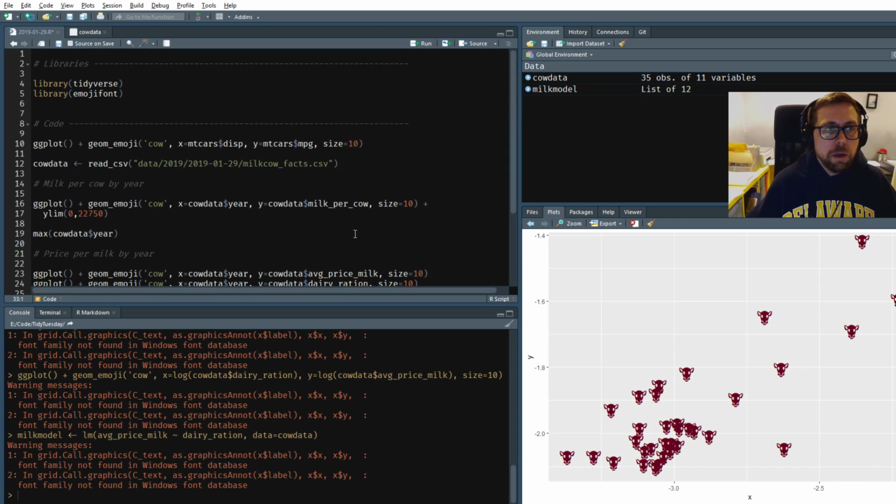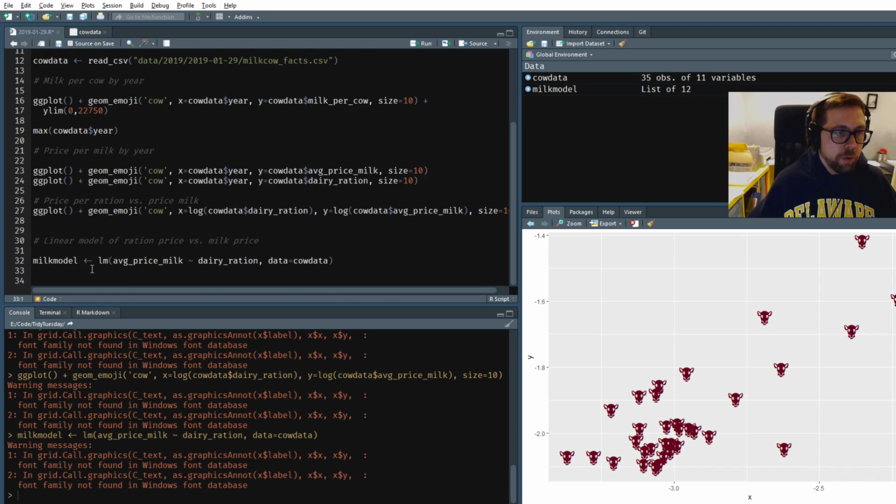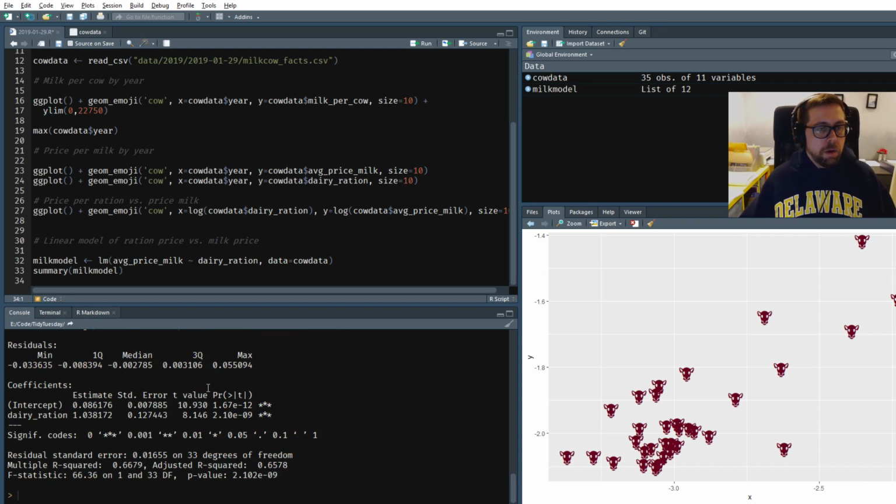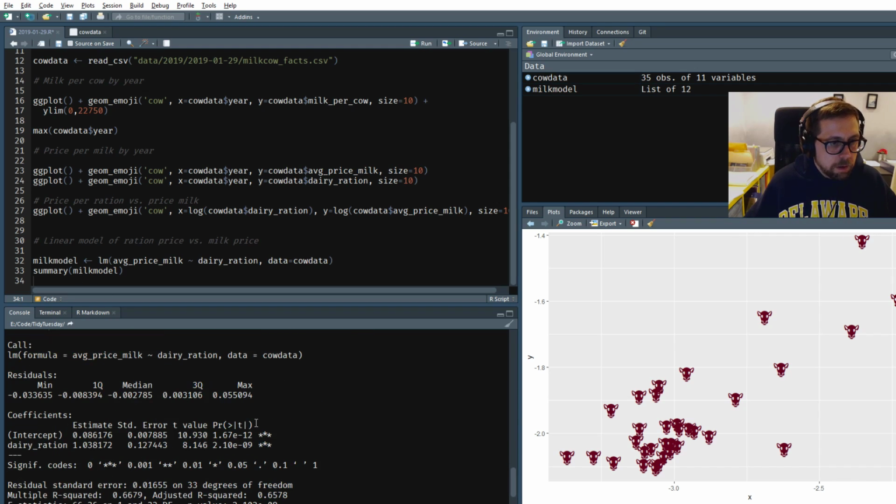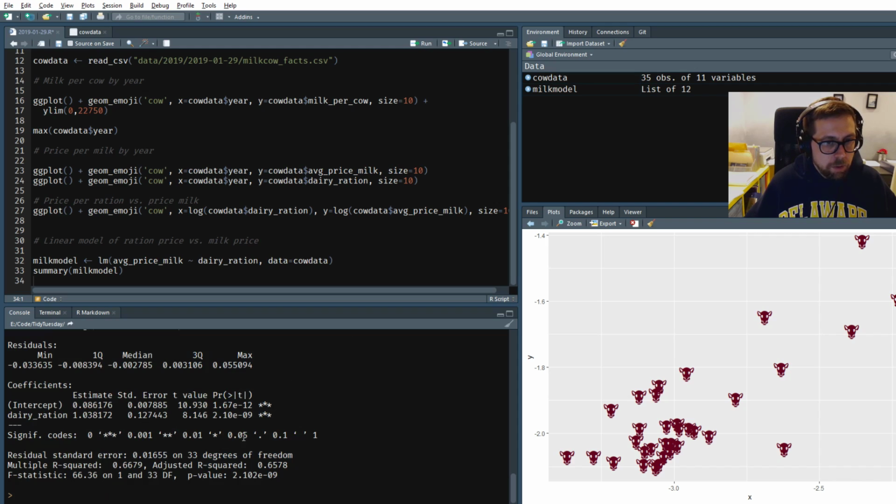And let's just look at the summary of that. Okay, so it says that we've got a p-value of like 2 times 10 to the minus 9th. The r squared is about 0.67. So, I mean, looks like an okay model.